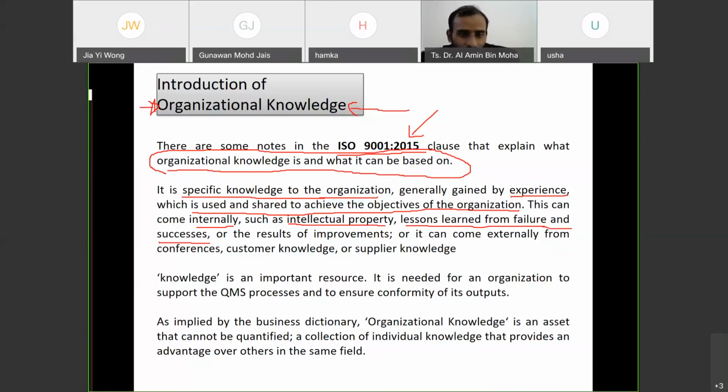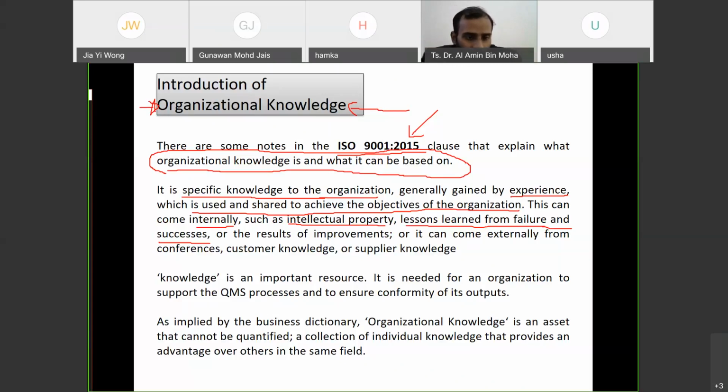So lessons learned are the experience of that specific company. If you are machining using this speed, using this material, and suddenly it fails, you change the parameters a bit and it works. So when you are exploring new things and it is a success, that's knowledge as well.